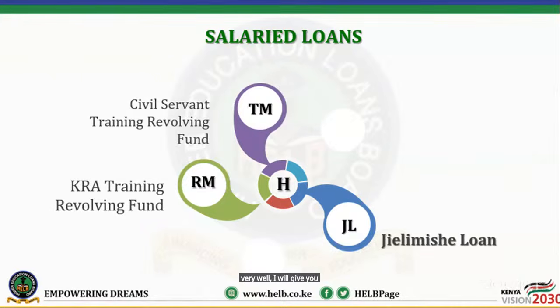I will give you the criteria and tell you what needs to be done. And then we have a KRA revolving fund. As I told you, there are companies that have come to us and we do have funds for their staff. So KRA is one of them, CASNEB amongst others.